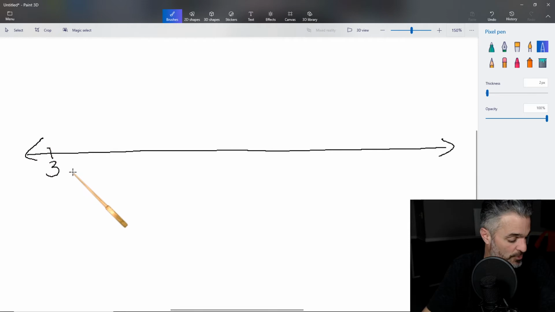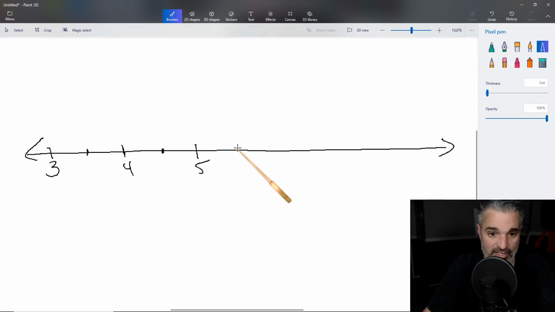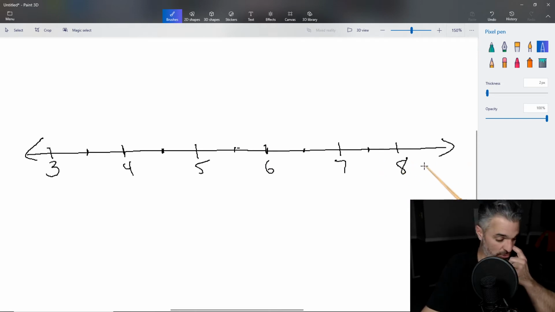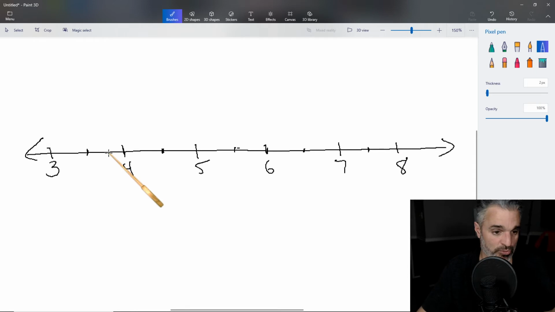It starts with 3, then it has a line here, and it has a 4, and it has a line here, and it has a 5, a line here, and it has a 6, a line here, and it has a 7, a line here, and it has an 8, and it goes on to number 9. But I'm gonna do the first one, which has a point right here, right? And they're asking you, and that one is C.